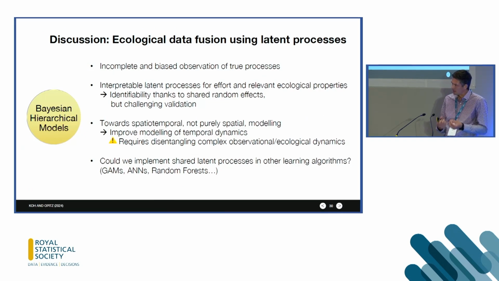Okay, we have a model that achieves ecological data fusion using this latent process framework, based on observations that are incomplete and biased with respect to the true processes that we are interested in. We define latent interpreted processes for the effort, but also for the ecological properties that we're interested in. And then we can get statistical identifiability of these different processes thanks to this sharing of random effects in a Bayesian hierarchical model. However, statistical validation remains challenging here. Our model is also spatiotemporal and not purely spatial.